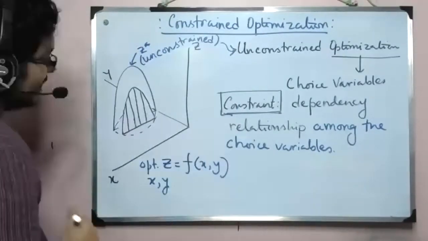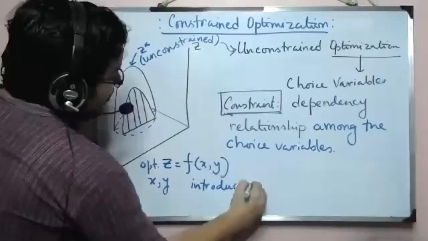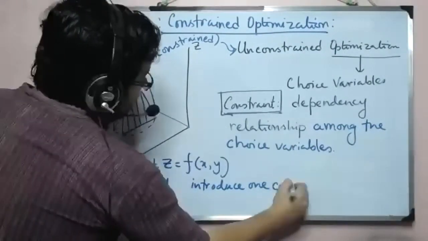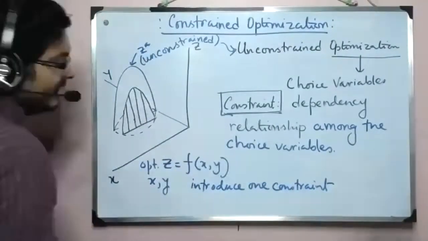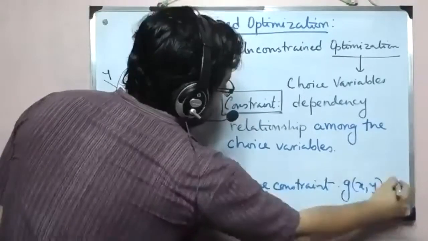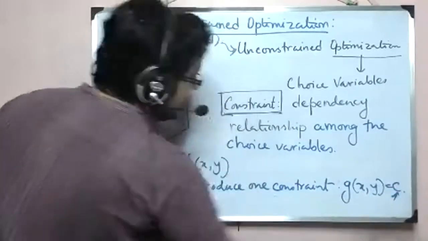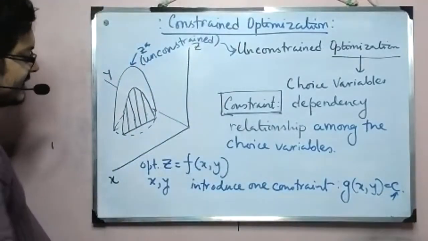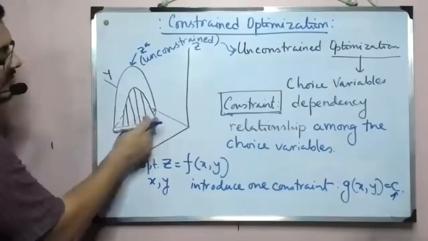But if I introduce one constraint, some relation between x and y, let's say this will be some g of x comma y equal to c, where c is a constant, and let's say this gives us a straight line like this one, the smaller one.